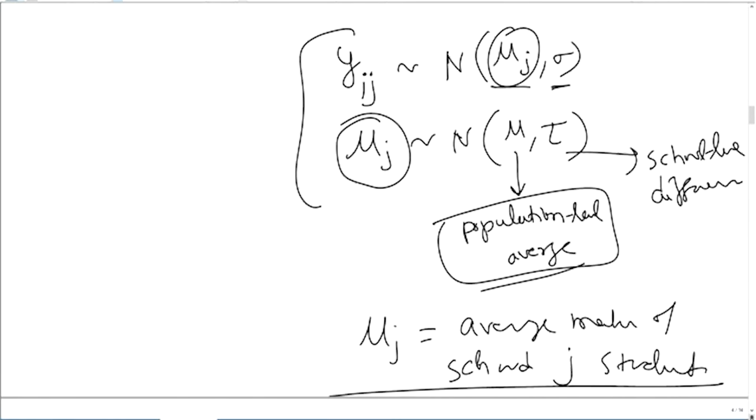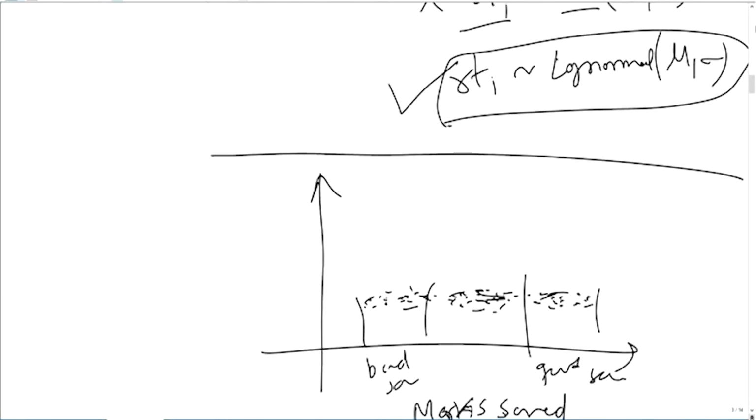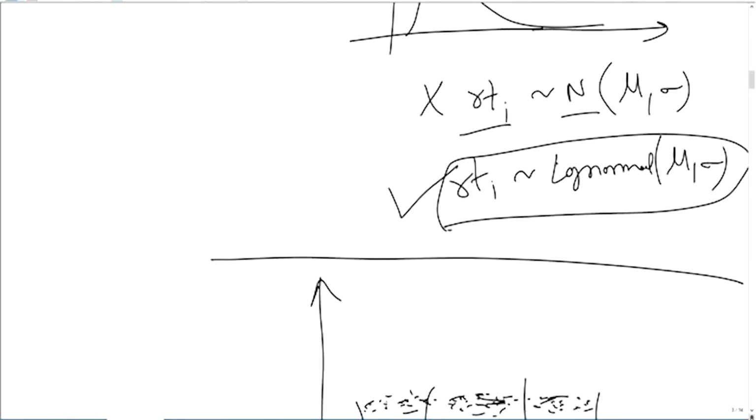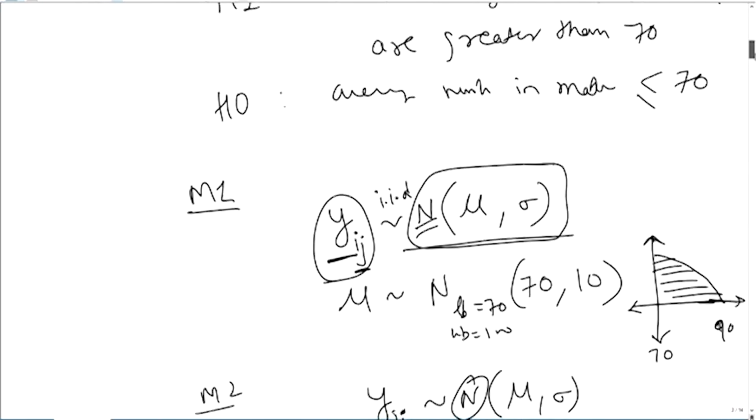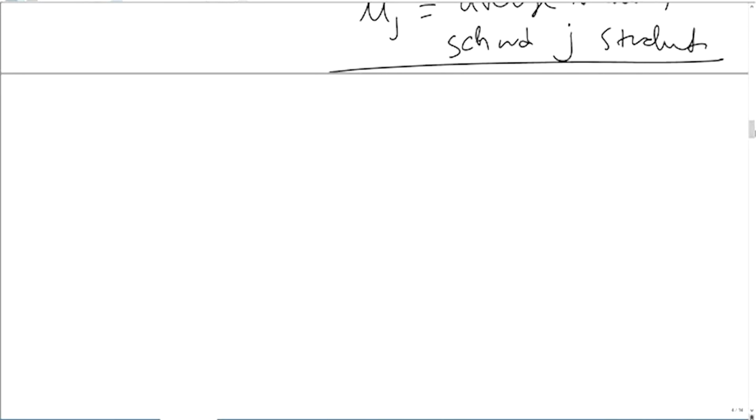Now, this is a better likelihood assumption, because if we see the structure of the data, how this data was generated, it makes sense to assume this, because what this model implies is that there is some population level mu which indicates average competence of the student population, let's say entire student population of India.